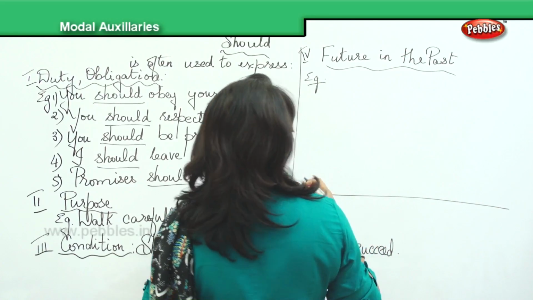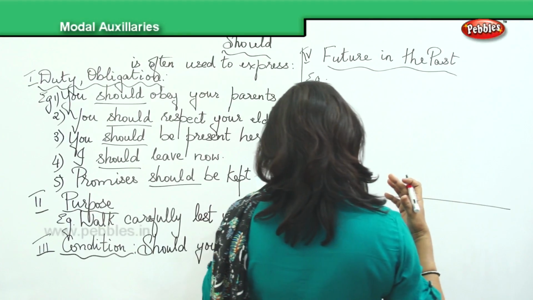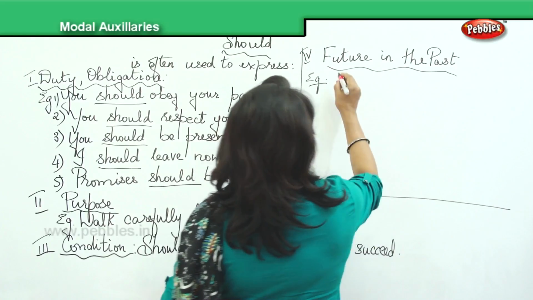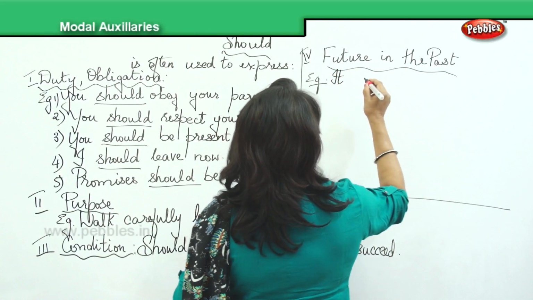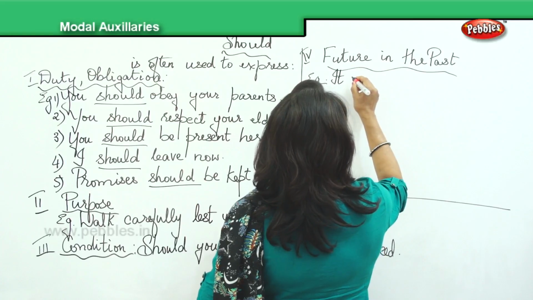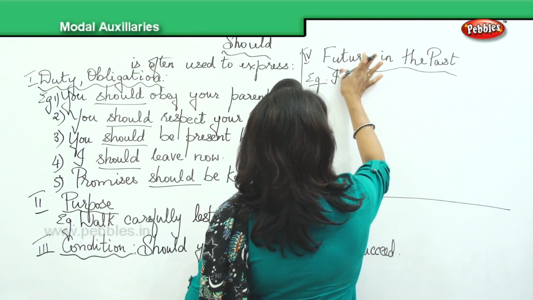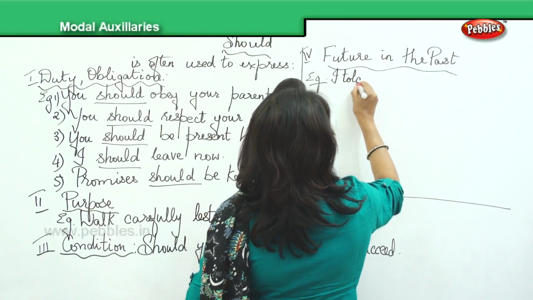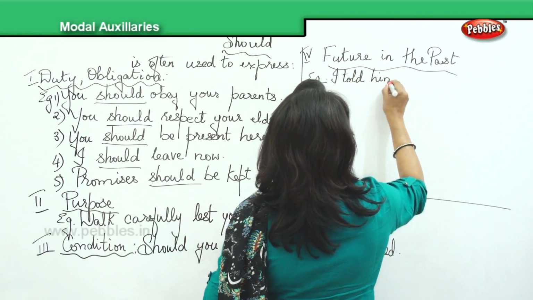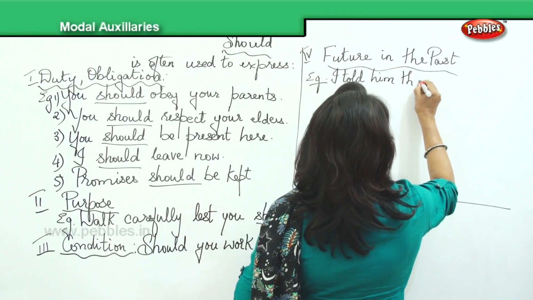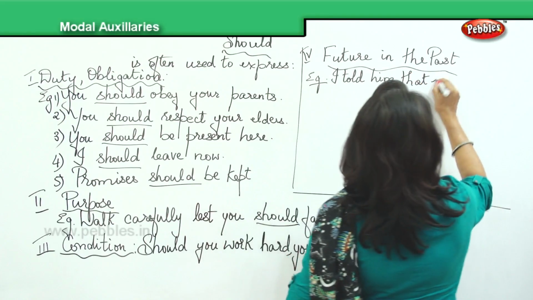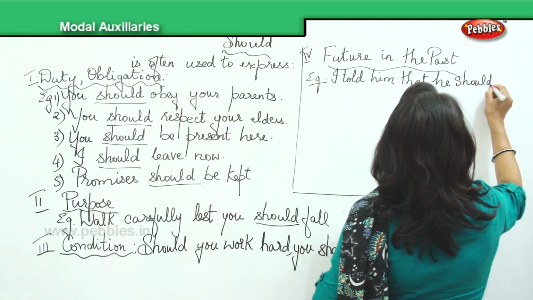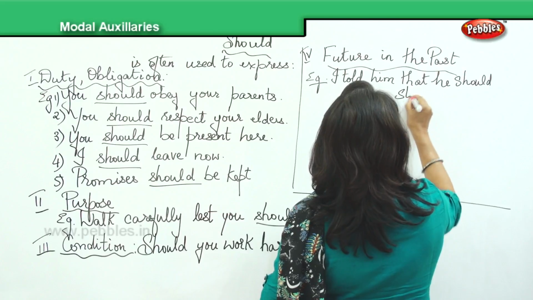For example, I told him that I should go there. I told him, you're narrating something which happened in the past. I told him that he should stop smoking.